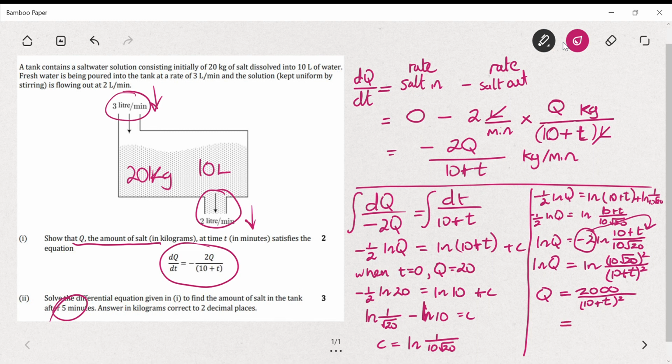So Q after 5 minutes is equal to 2,000 on 15 squared, which equals 8 point. Now it wants it to 2 decimal places, so 8.89 kilograms. That's how much is in there.